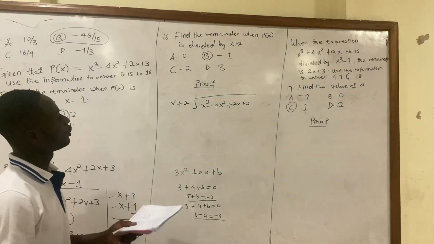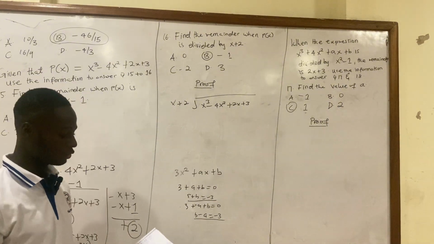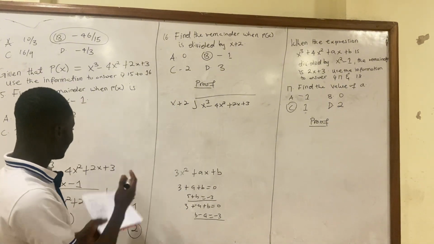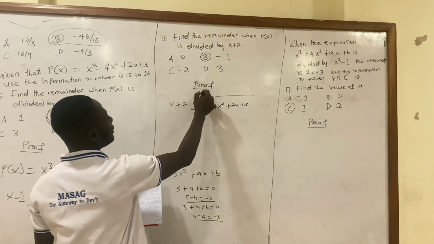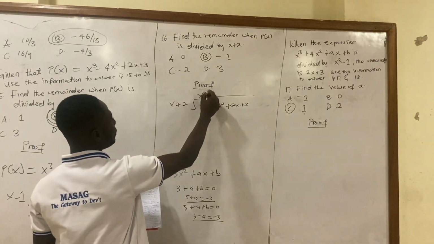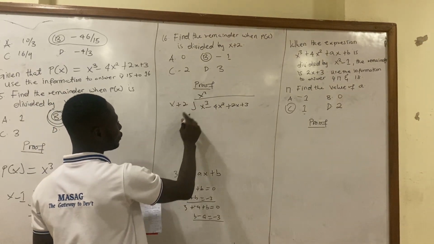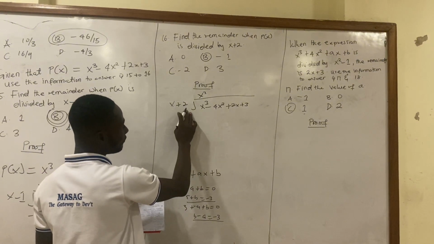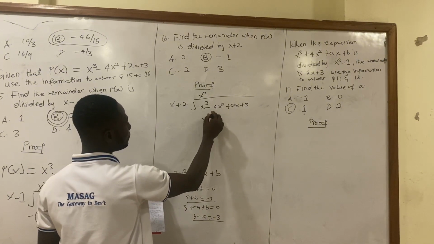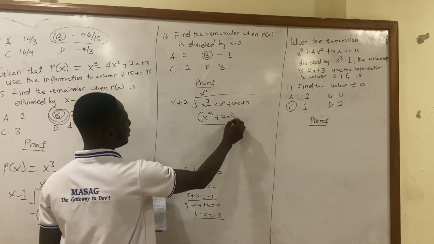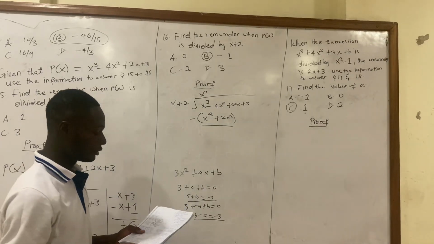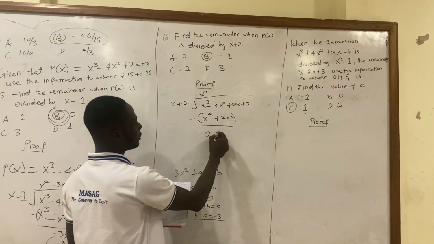You go by the same procedure again. Dividing this, you have x squared, then use it to multiply the whole thing. You have x cubed plus 2x squared. Subtract, and you have minus 6x squared.